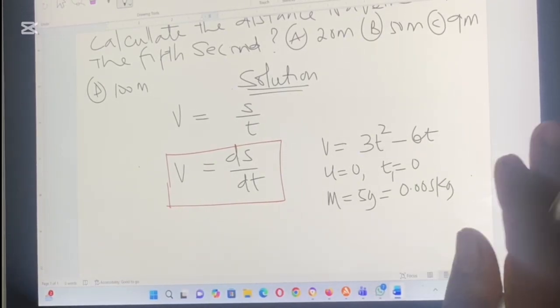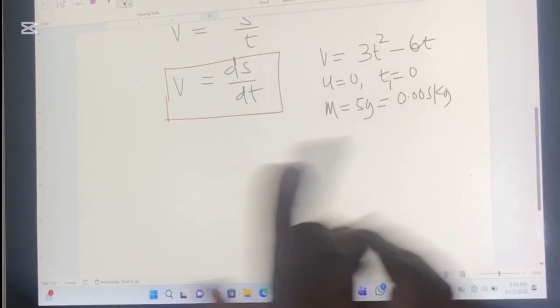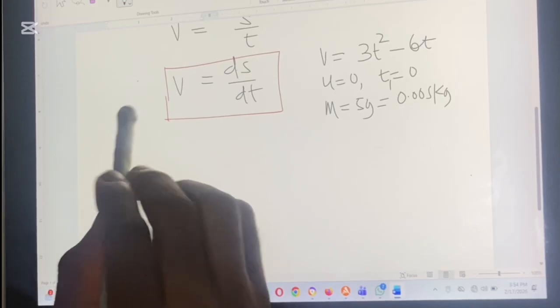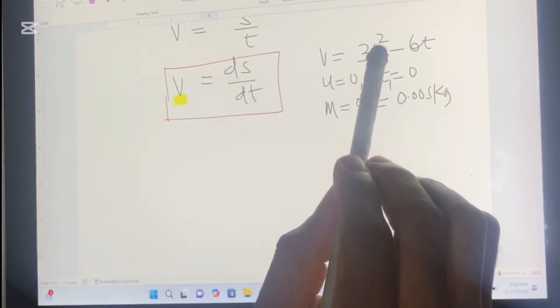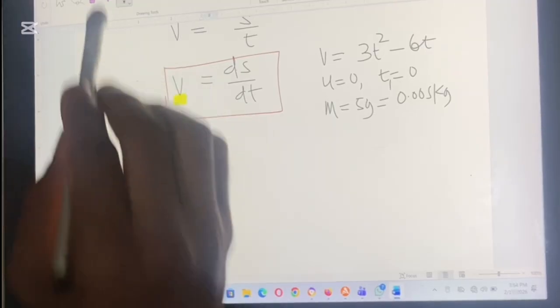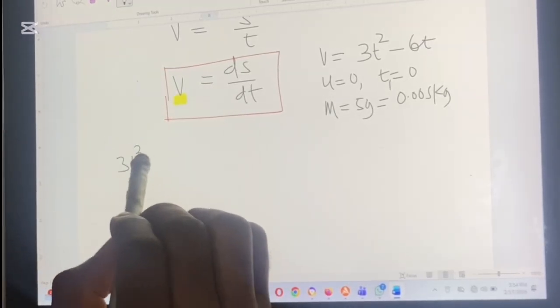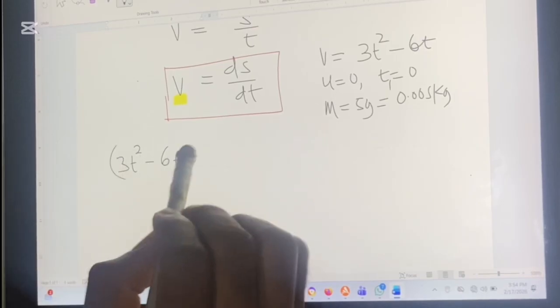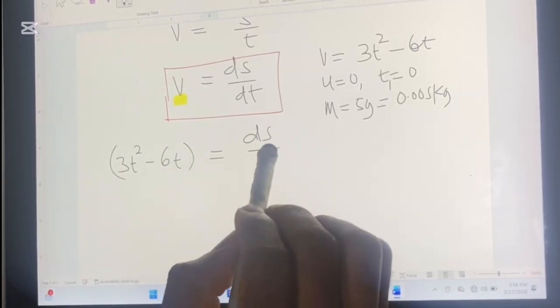All right, now the velocity is given to us. Let's replace the velocity here, which is given to us as 3t squared minus 6t. Please take note. It's equal to ds over dt.